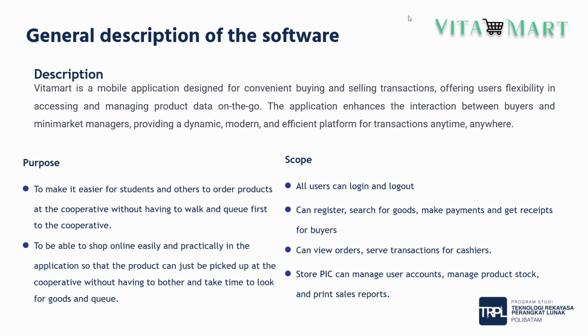The scope of the application is that all users can log in and log out, register, search for goods, make payment and get a receipt as a buyer, view orders and serve transactions as a cashier, and the store PIC can manage user accounts and manage product stock.